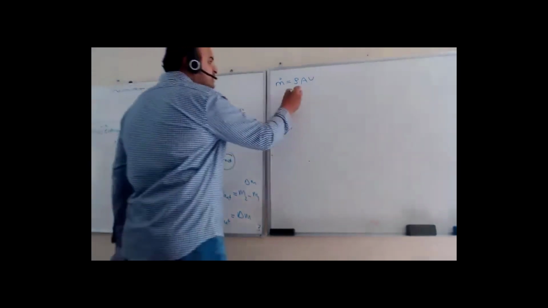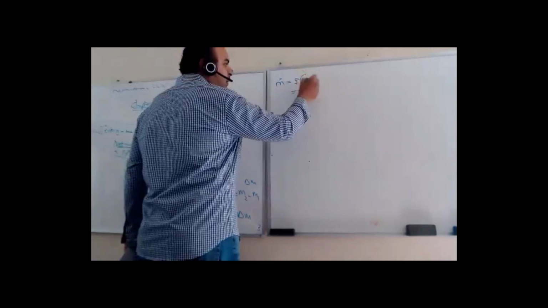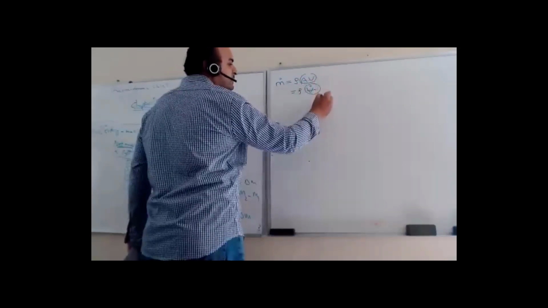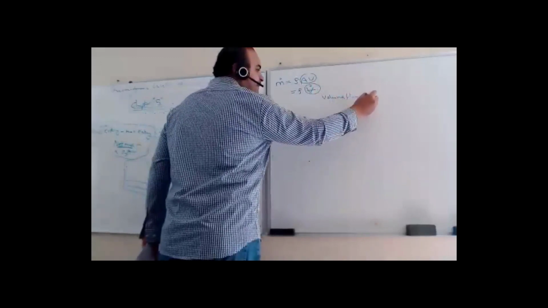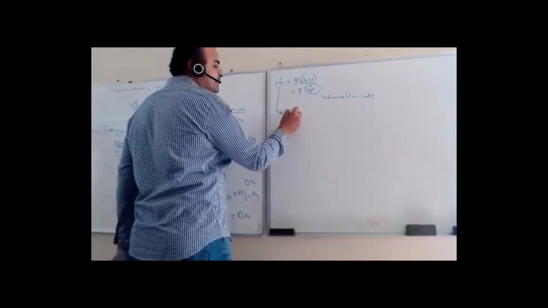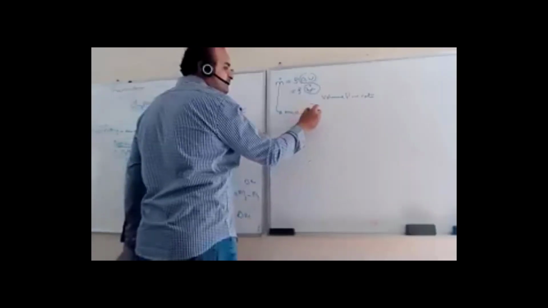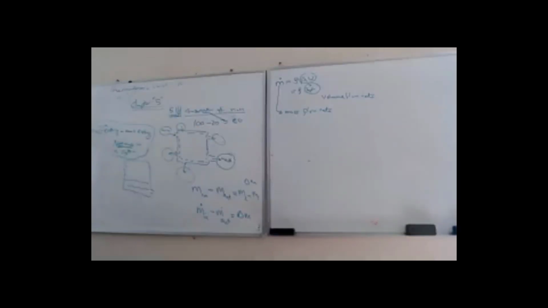Sometimes we use rho V dot. So this guy, we call it volume flow rate. We like it in constant density problems. This is mass flow rate. So we have M dot and V dot.